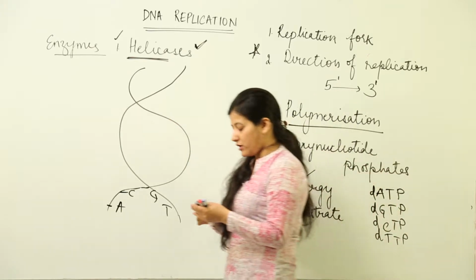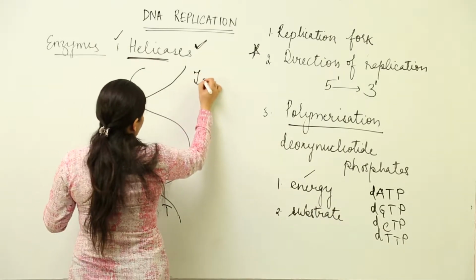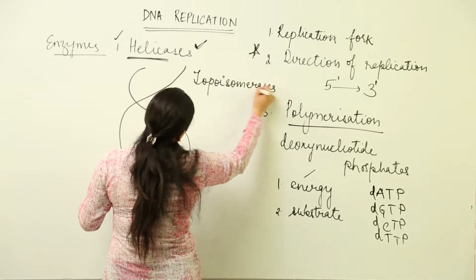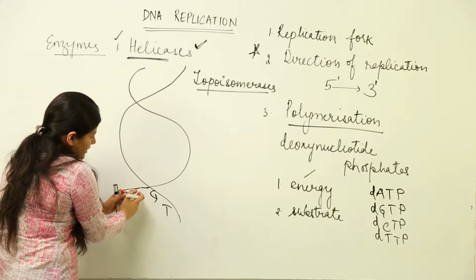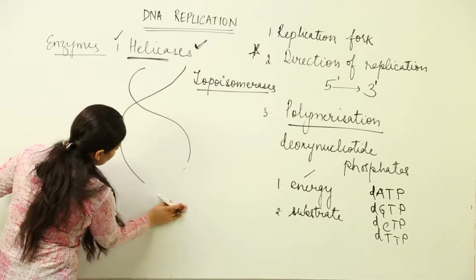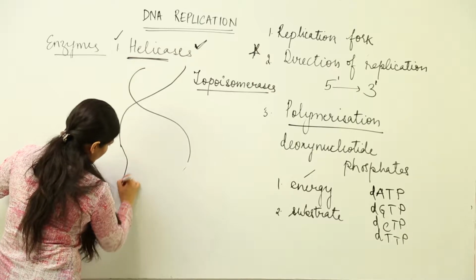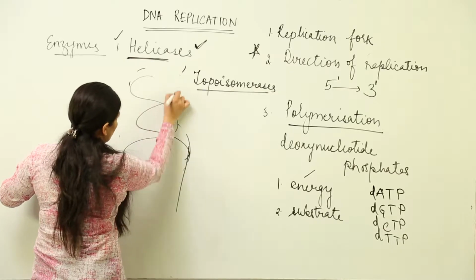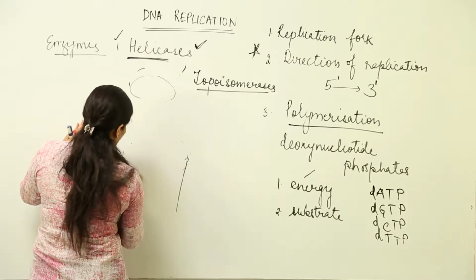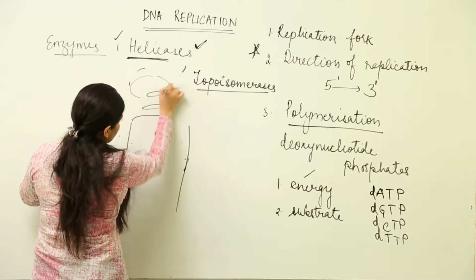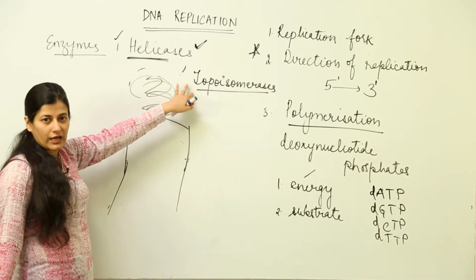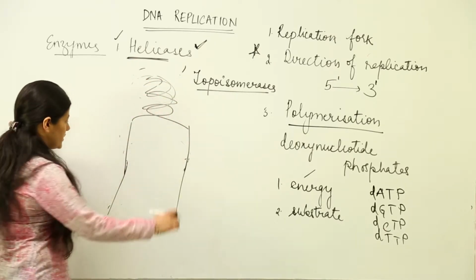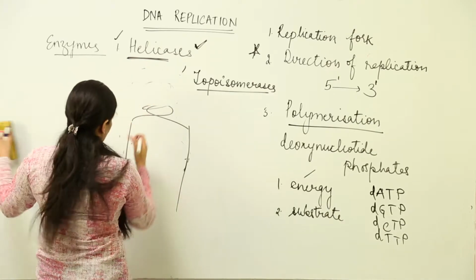So, in order to take care of that tension, we have a special class of enzymes known as topoisomerases, which take care of the tension that is created as a result of opening of this helix. Now, you can make it out. Supposedly, I am opening it like this. It is going to create a tension over here. It is going to get more congested. While I open it more, it is opening like this, and the tension would be created here. So, in order to take care of the tension that is being created in the helix further, it is taken care of by topoisomerases.